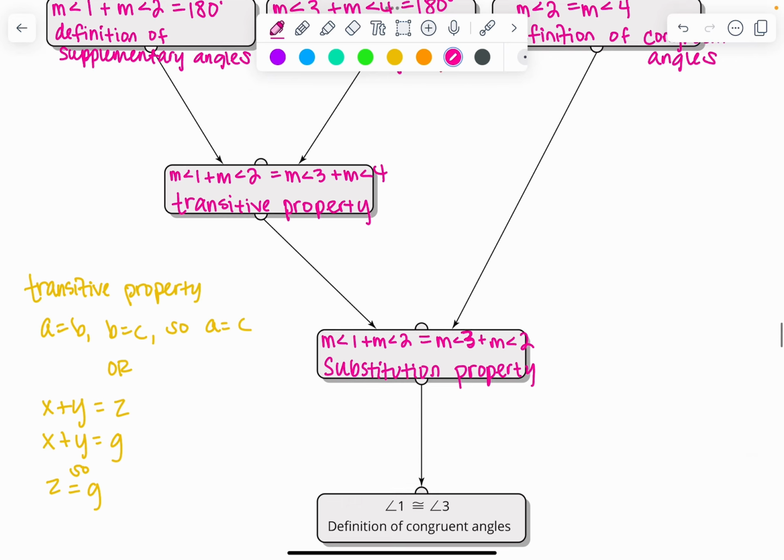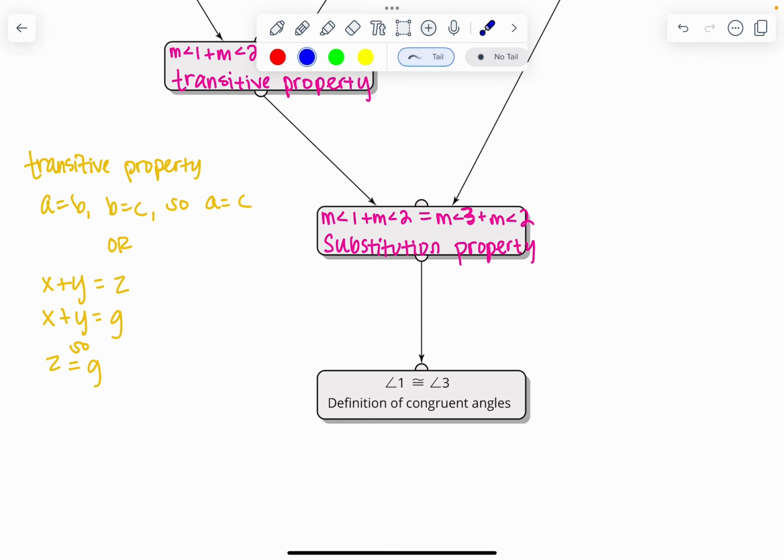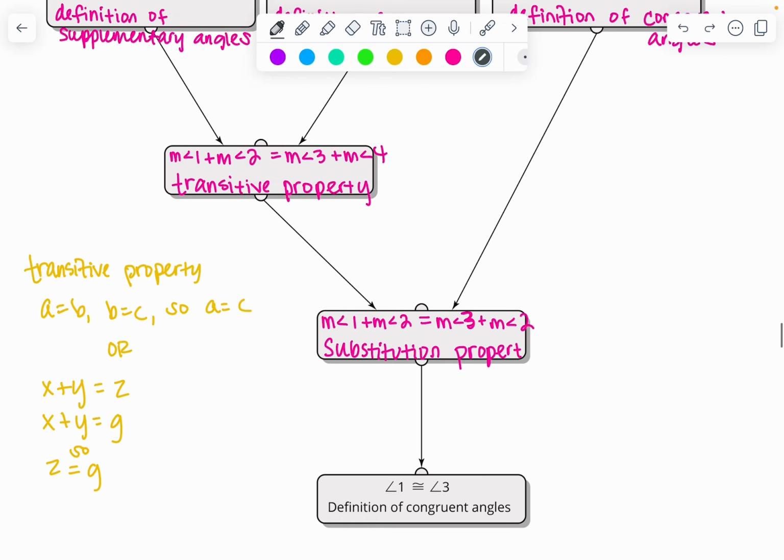Now, we have a problem because this is not ready to get there yet. There's one more thing that we need to do in between. If we have the measure of angle 1 plus the measure of angle 2 equals the measure of angle 3 plus the measure of angle 2 again, we need to get rid of these two.